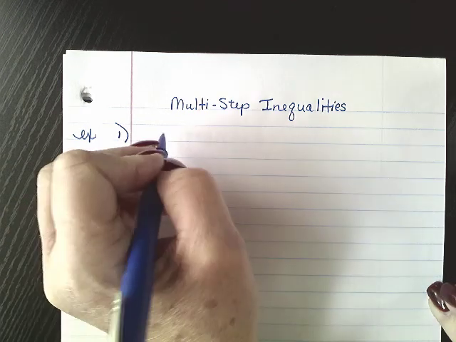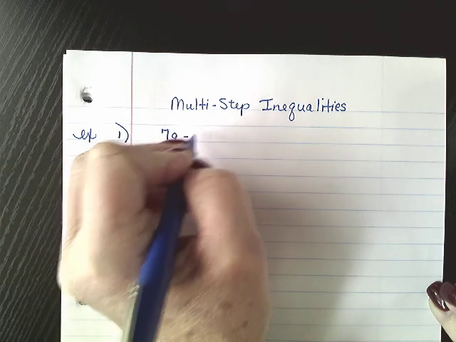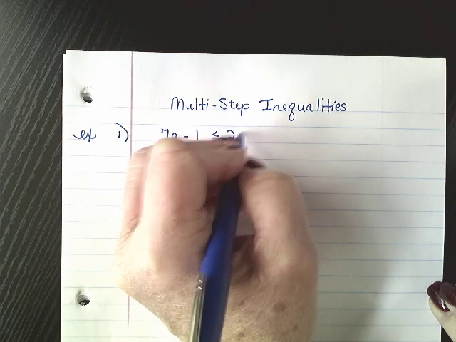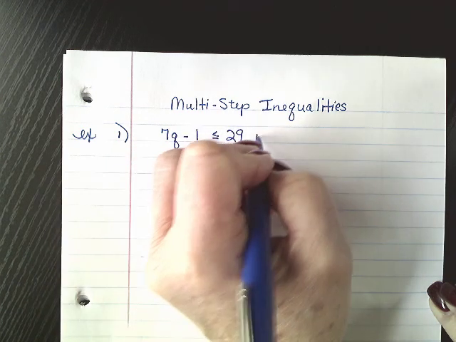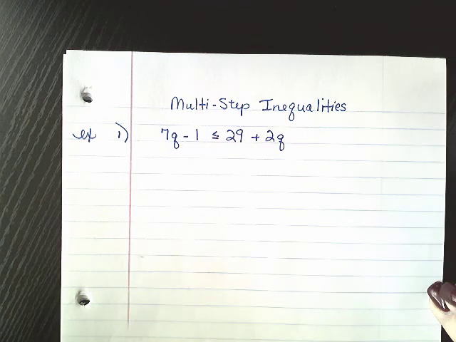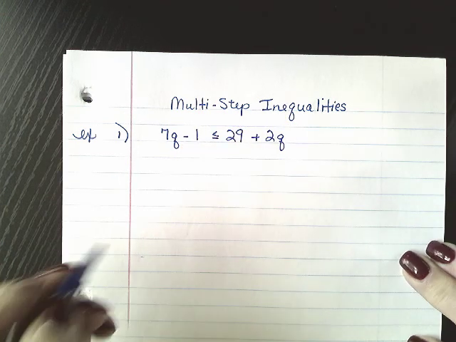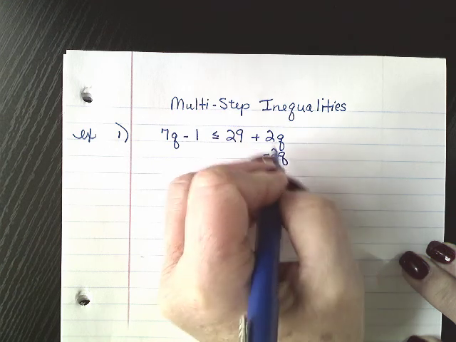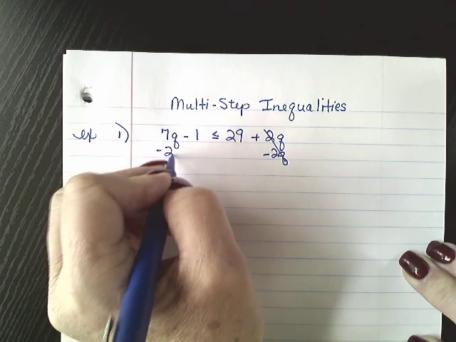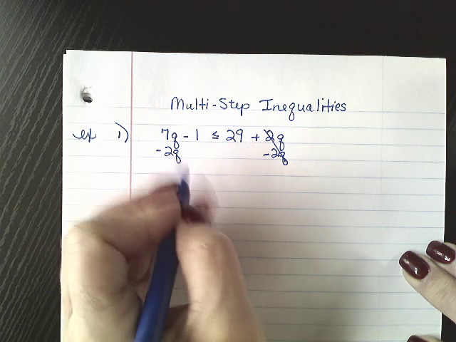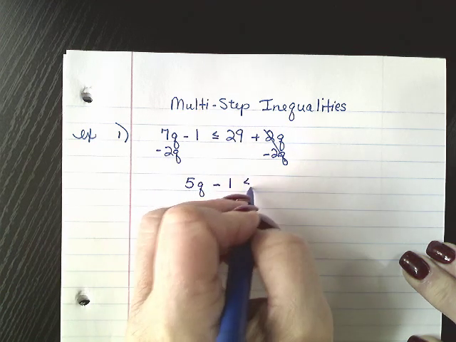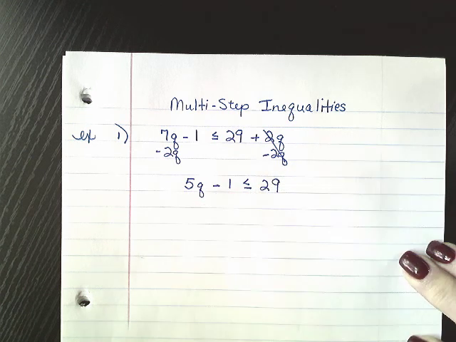So the first one is 7q minus 1 is less than or equal to 29 plus 2q. We're going to solve this exactly as we would solve an equation. I'm going to move my variable, so I'm going to add a negative 2q to both sides. I will end up with 5q minus 1 is less than or equal to 29.